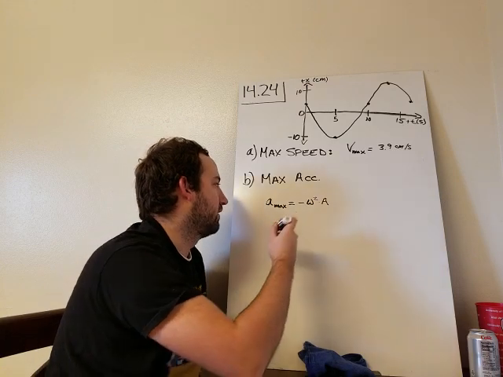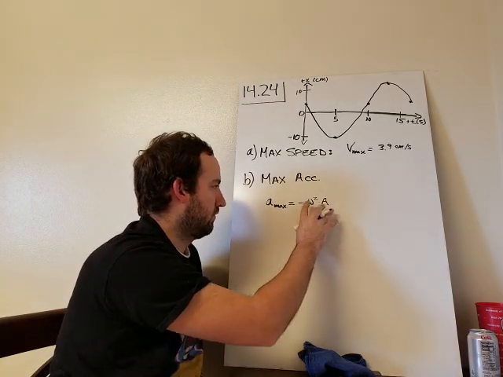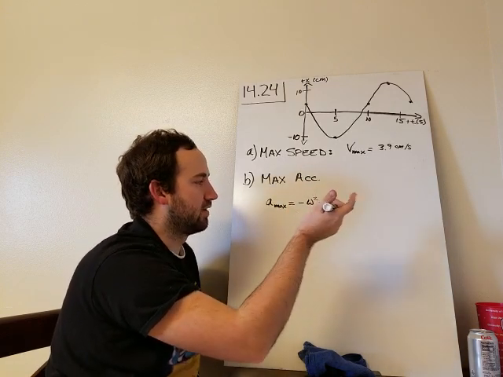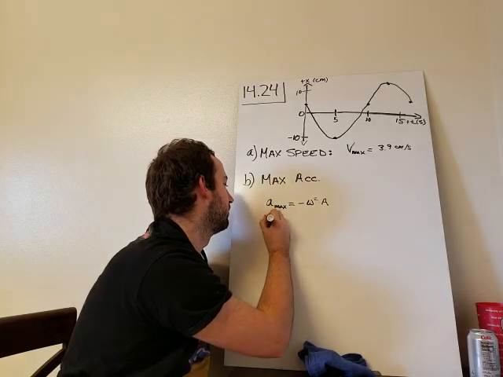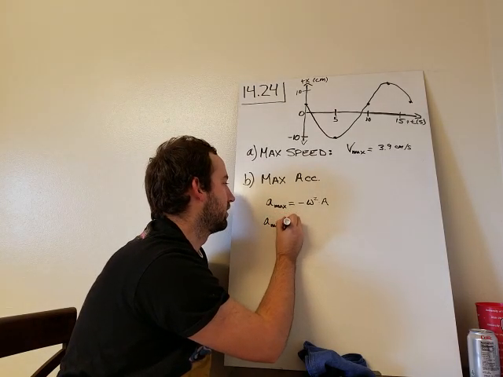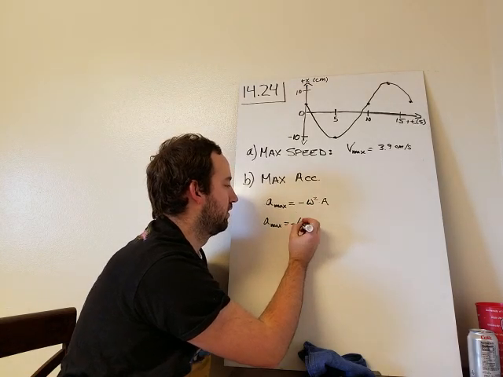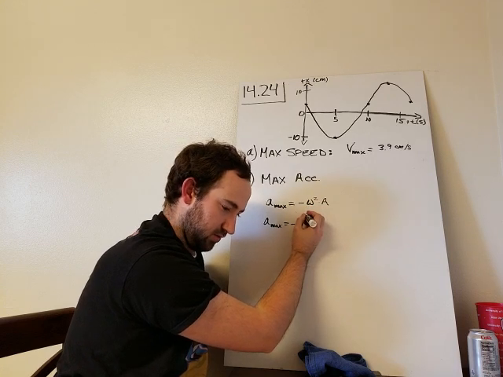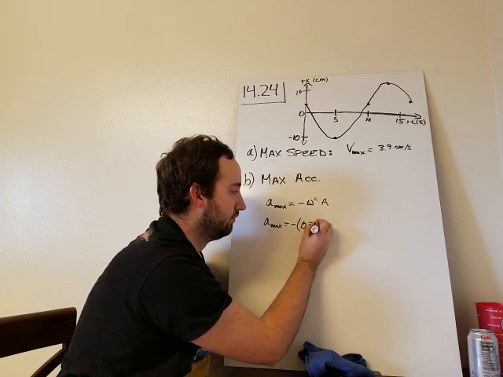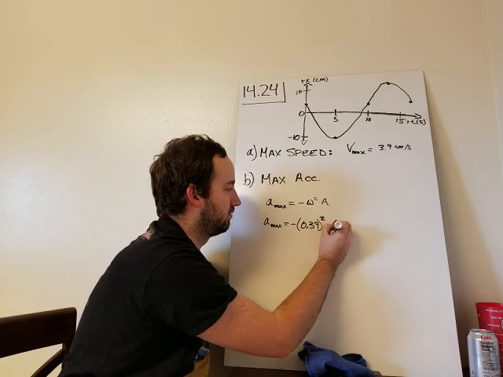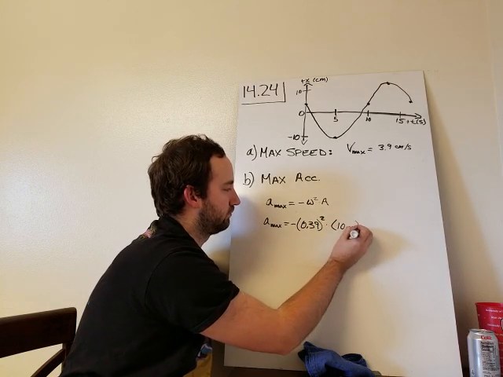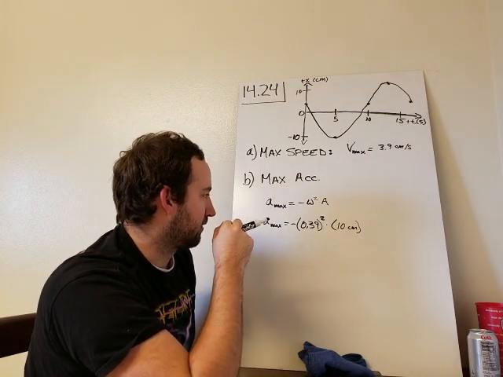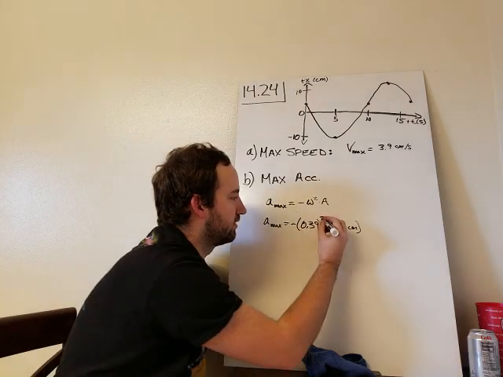So anyway, we have this equation now, and we already know our angular frequency and our amplitude. So now we can just plug in what we already know. So A max is going to equal negative, we know that our angular frequency was equal to 0.39 rads per second, that squared, times 10 centimeters.